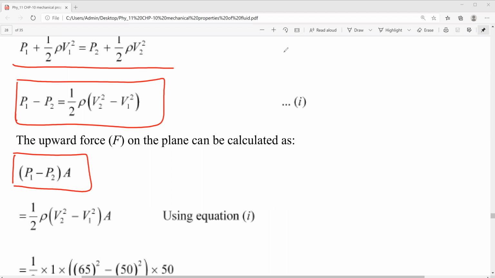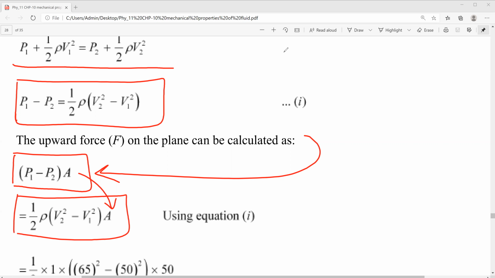So that is calculated by using this formula. Difference of pressure into area, area is kept as it is. Difference of pressure according to Bernoulli's principle is written as half rho in the bracket V2 square minus V1 square, into area. So using Bernoulli's equation, equation 1, we wrote that one. After this, we just substitute the given values.